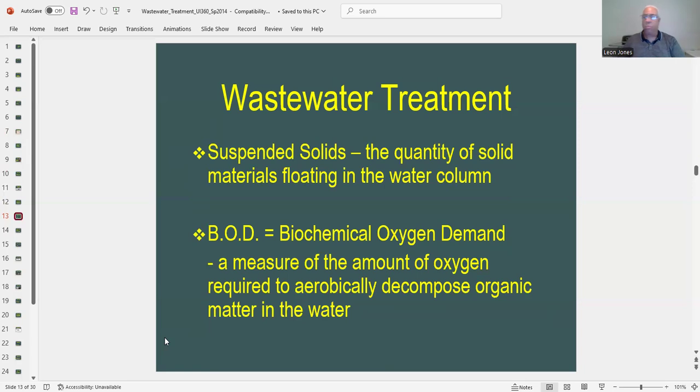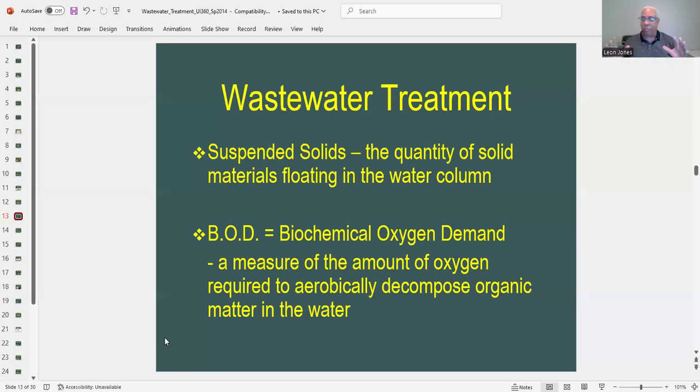Now to get to BOD. BOD is biochemical oxygen demand. It's a measure of the amount of oxygen required to aerobically decompose organic matter in water.